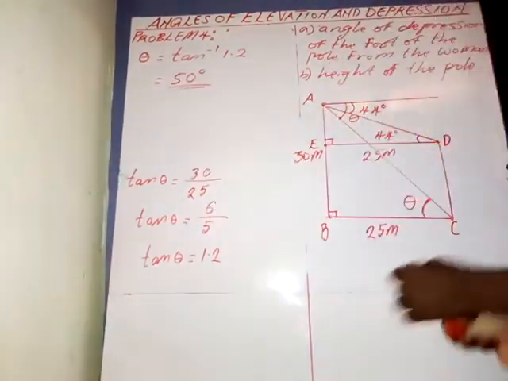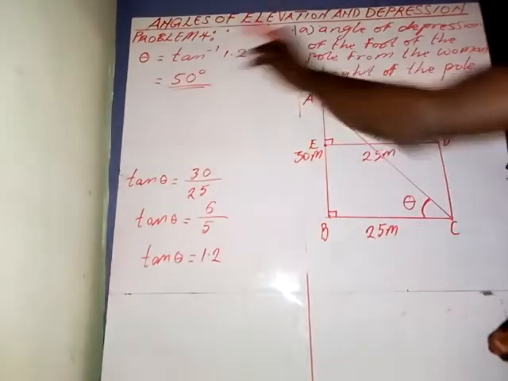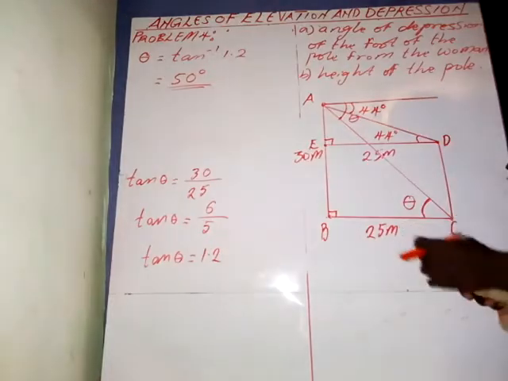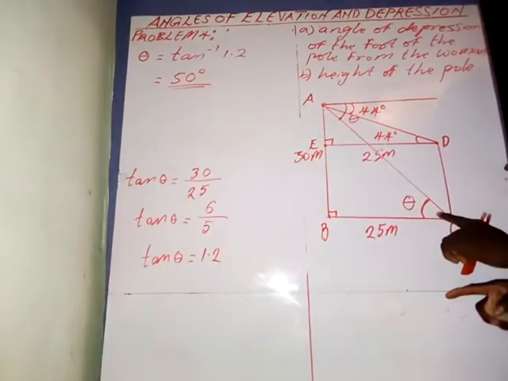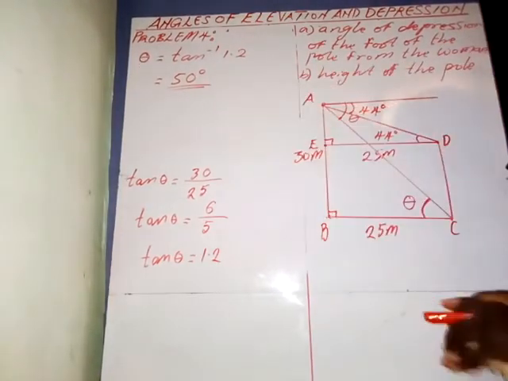As we are asked that our answer should be to the nearest whole number, this is the answer to question A. The angle of depression of the foot of the pole from the woman is 50 degrees. So take note of that.